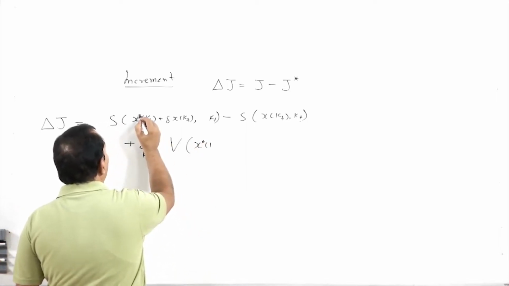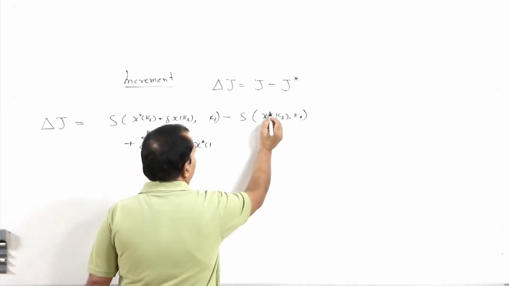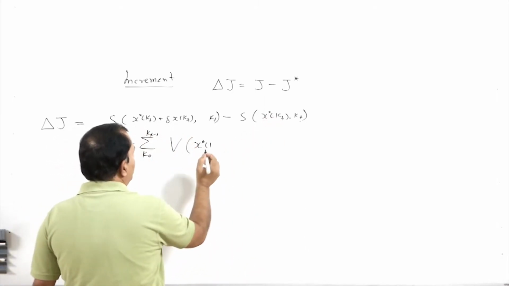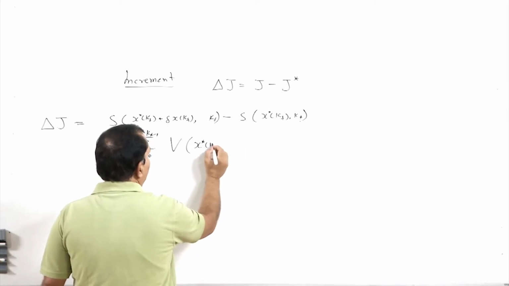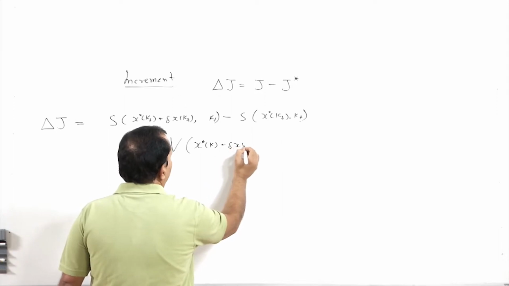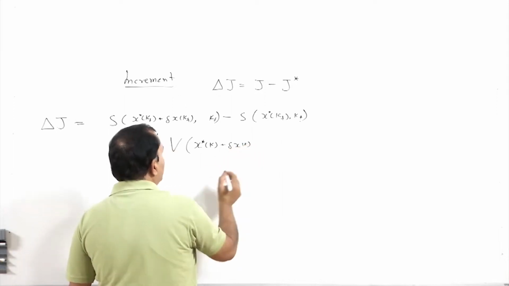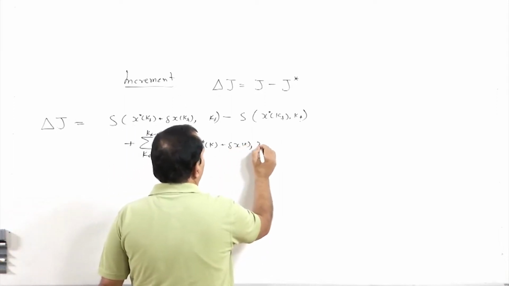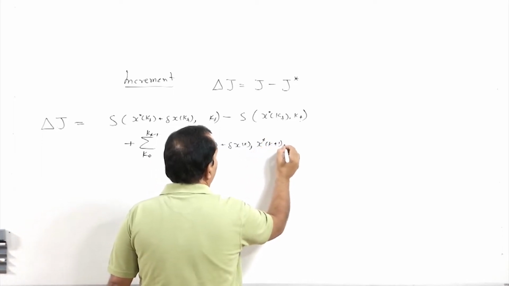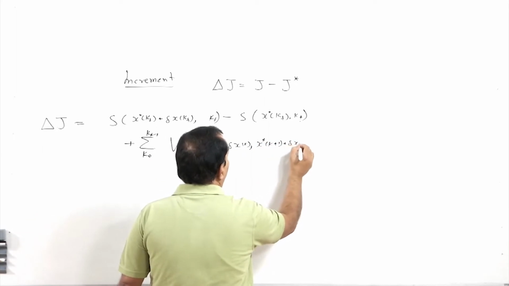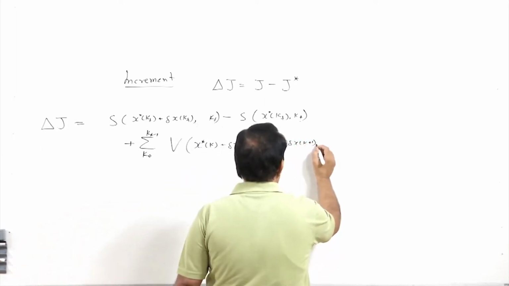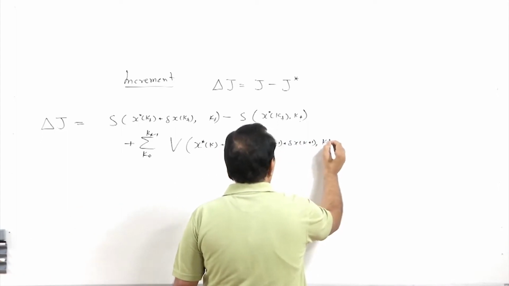We put the star here because this is at the optimal point, and this is at the variation point: x star k plus delta x of k, x star k plus 1 plus delta x k plus 1, and k.